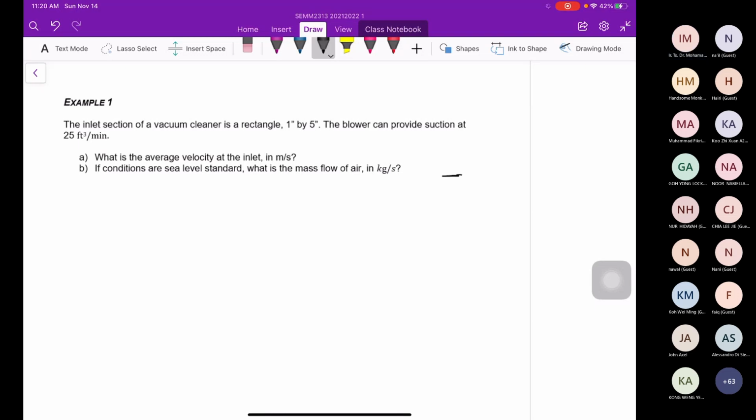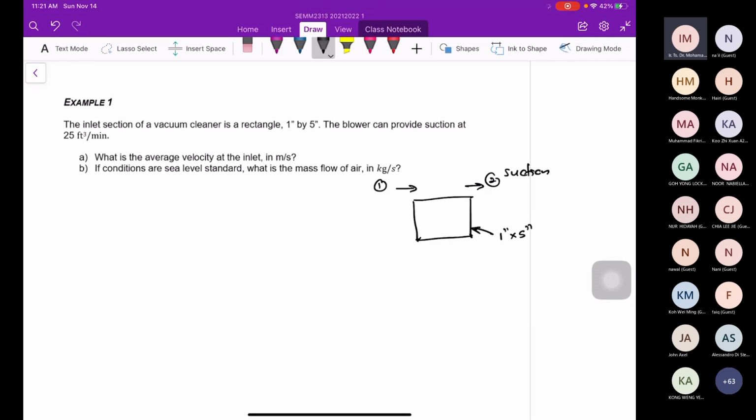Rectangular, maybe this is 1 by 5, 1 inch, 5 inch. We have the suction. We have the inlet and the outlet. This is the suction. This is 1 and this is 2. The area here is 1 inch by 5 inch.